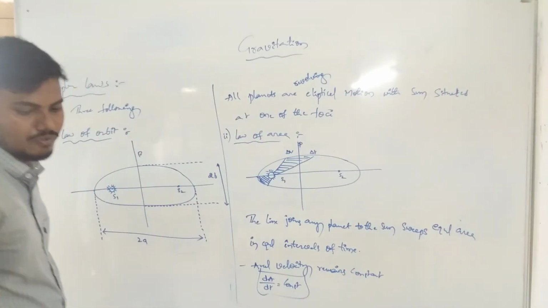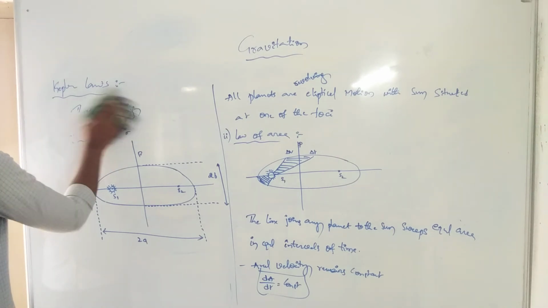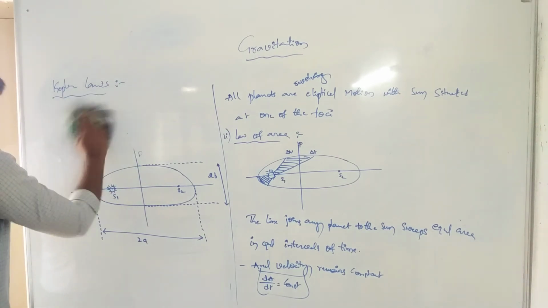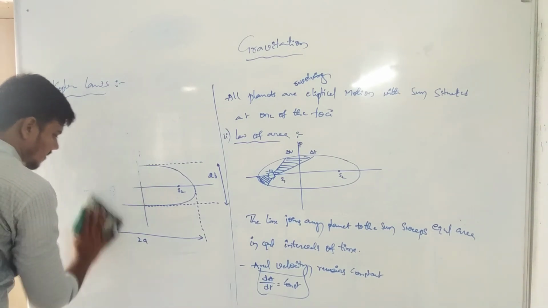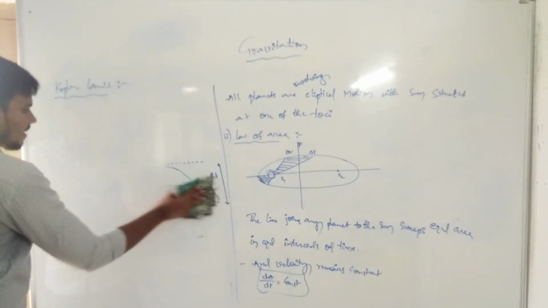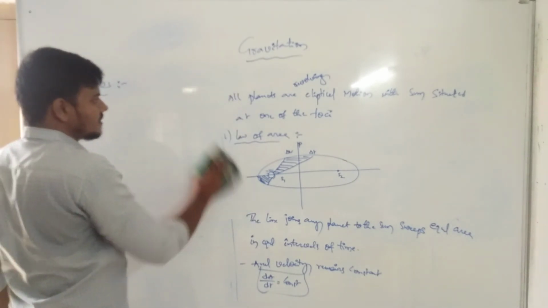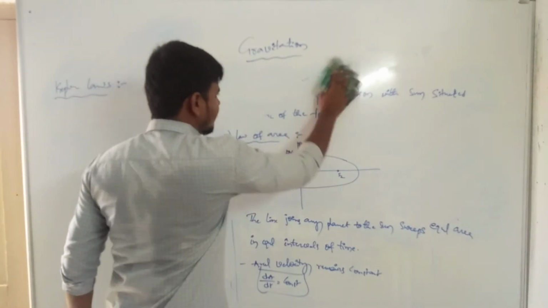Okay. Now the last one we are introducing is the law of period. Now what is the law of period? The square of the time period is always directly proportional to the cube of the semi-major axis.